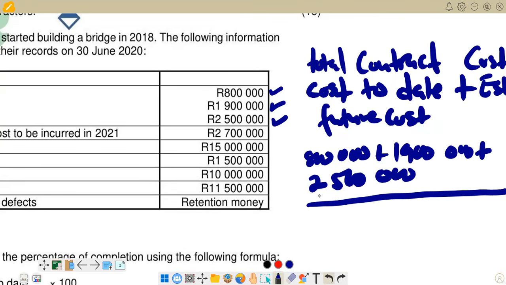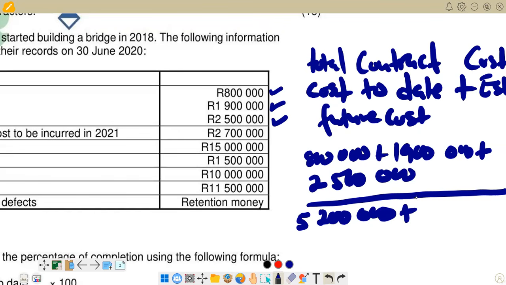Then our denominator, remember, is total cost to date plus estimated future cost. If you add those, we are going to get 5,200,000. This is cost to date. For the denominator, we take that figure for cost to date, and then we add estimated future costs.